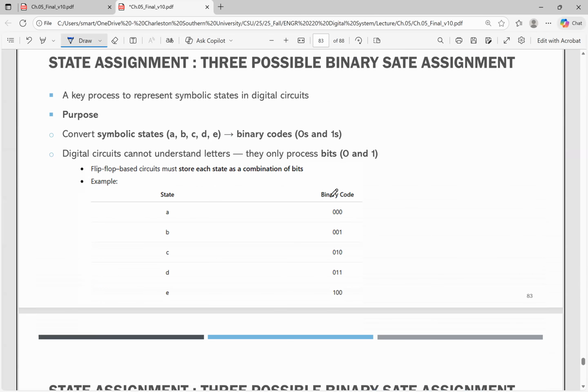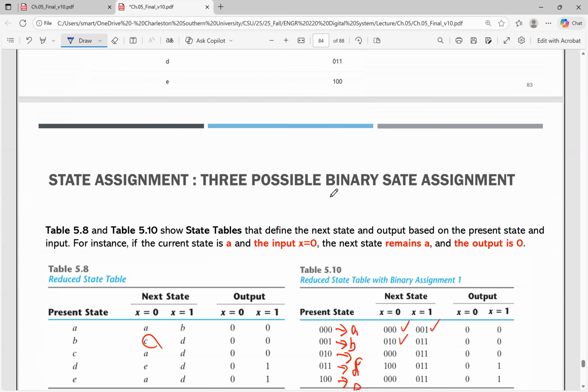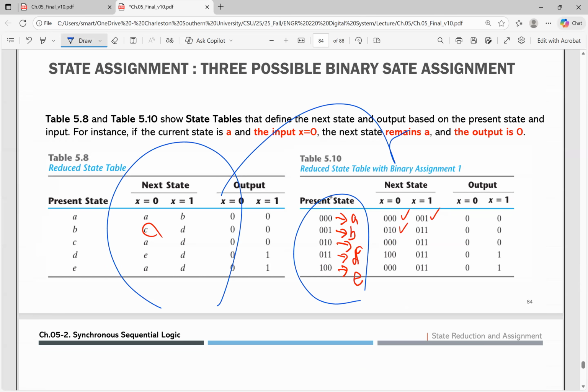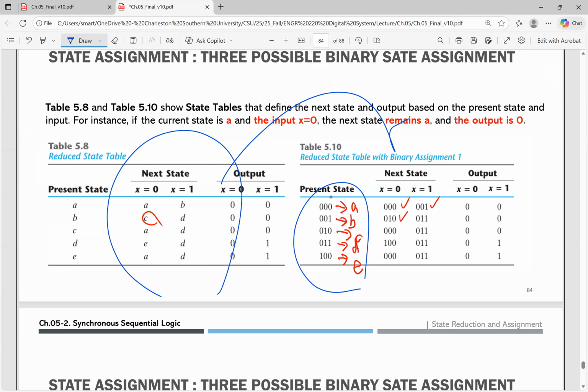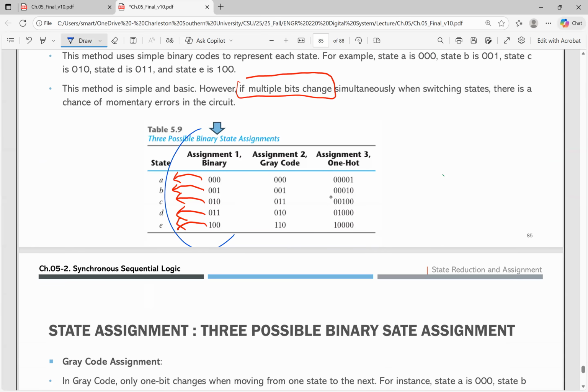So we learned before the binary code for each state, and then we can express from the previous state to the next state, like A, B, C, D, E, so 000, 100, just binary code. So there are three different types.